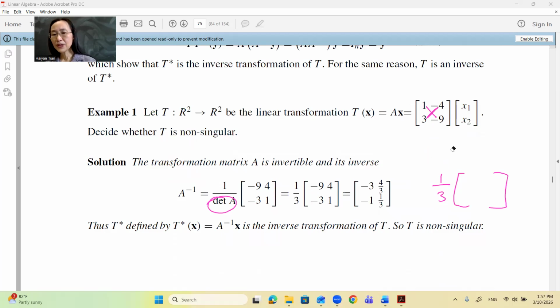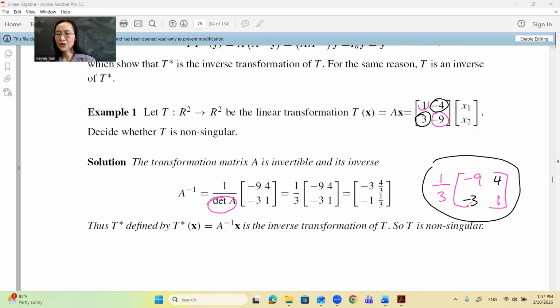So it's invertible. We know whenever a 2 by 2 matrix has a determinant which is non-zero, then it's invertible. Then the inverse can be represented by this matrix. If we swap these diagonal entries, we put -9 here, 1 here, and then take the negatives of the non-diagonal entries. So it will become 4, the opposite of -4, and the opposite of 3 will be -3. So then this is the matrix. And of course, every entry times 1/3, you will get this.